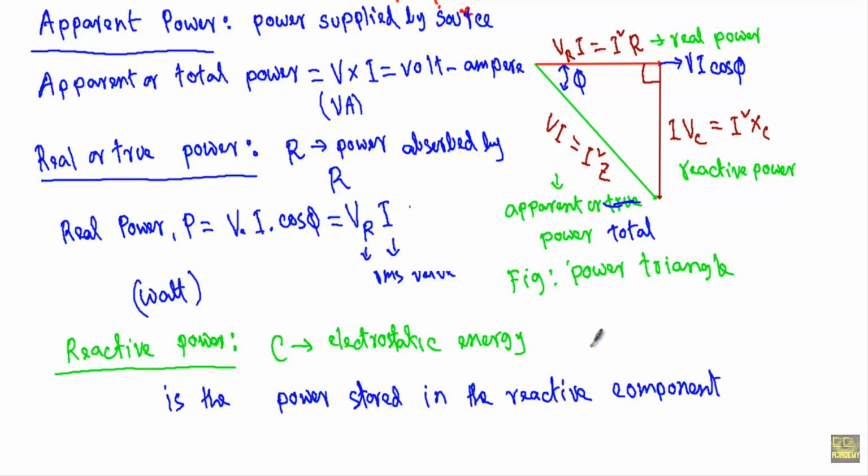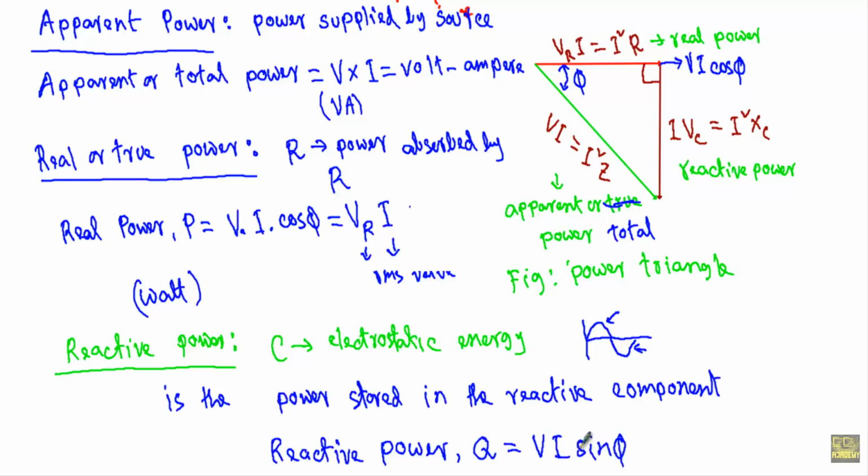Now see, a reactive component will draw power from the source in one half cycle or positive half cycle, and it will return that power to the source in the next half cycle. As a result, over a full cycle the power in that reactive element will be equal to 0. Therefore with the reactive power we cannot do any meaningful work. Now how do we calculate the reactive power in any circuit? Reactive power is expressed with Q, and we calculate Q by multiplying the RMS value of voltage, RMS value of current, and the sine component of the phase angle between voltage and current.